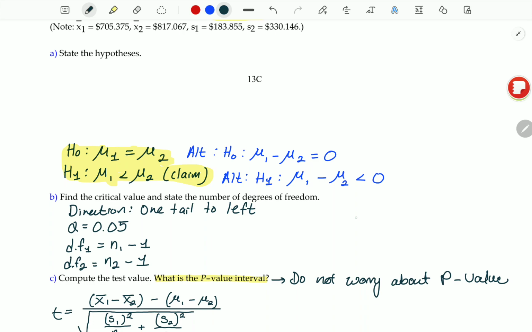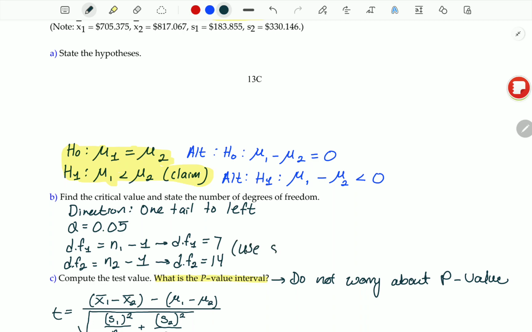Now remember, we have a total of 8 female employees and 15 male employees. Because we have 8 female employees, the degrees of freedom for group 1 is going to be 7. And because we have 15 male employees, the degrees of freedom for group 2 is going to be 14.